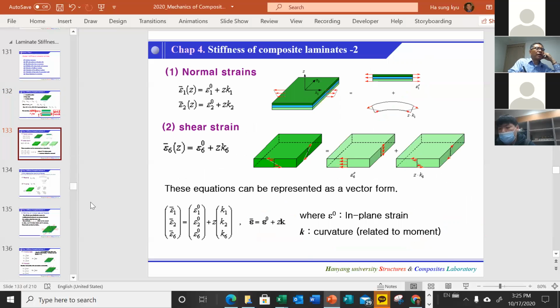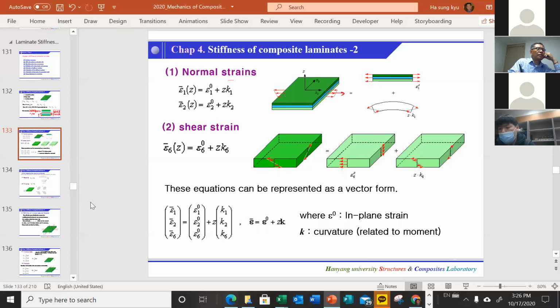Say we have a laminate and we apply whatever strain, any load actually, and there is always a strain distribution through the thickness, a linear dependency.